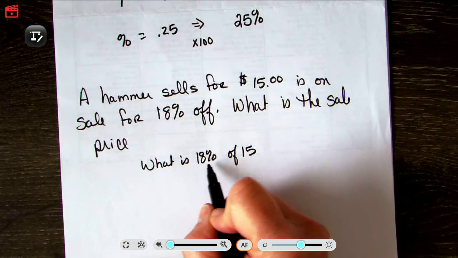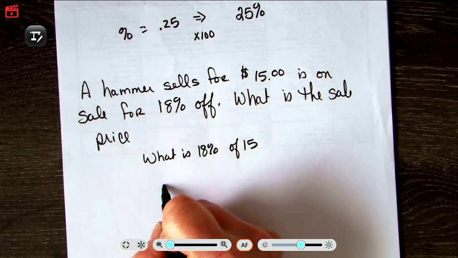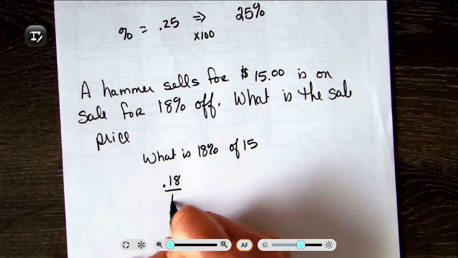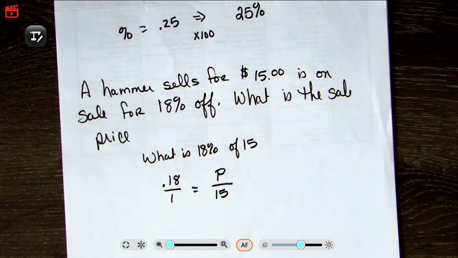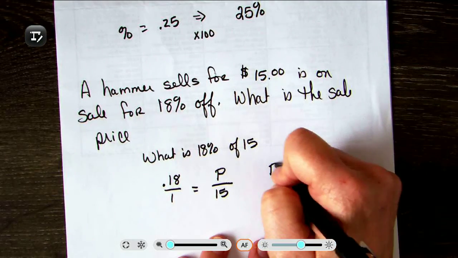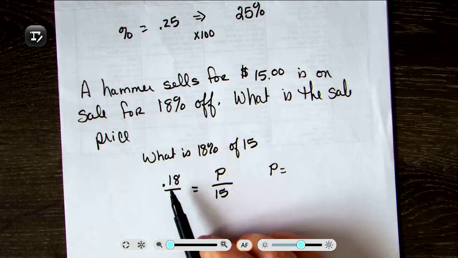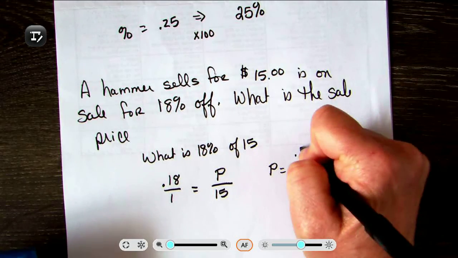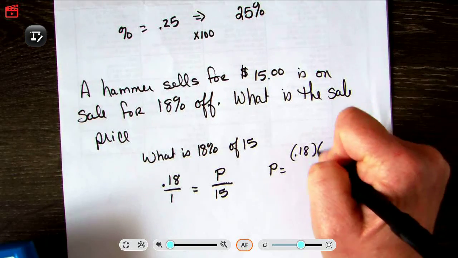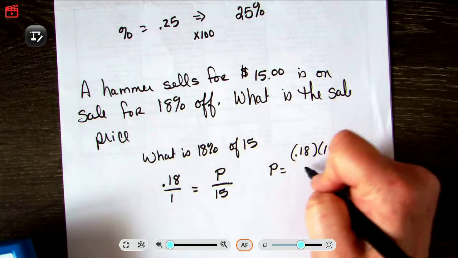So here we have our 18% in its decimal form, 0.18. Our P over that 15. So again, cross multiplying, I'll be multiplying that 0.18 times the 15. So 0.18 times my 15, that gave me 2.7.